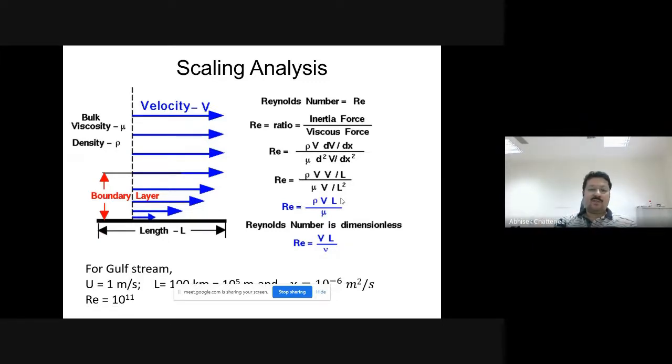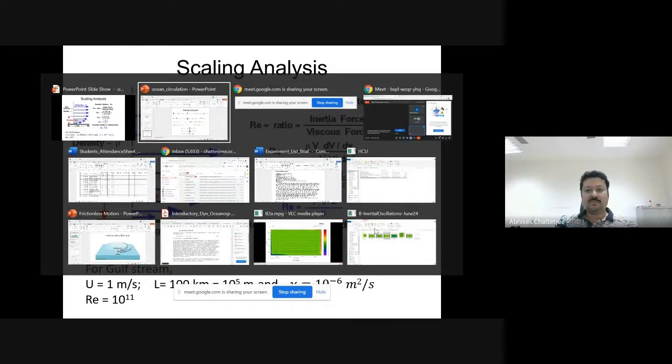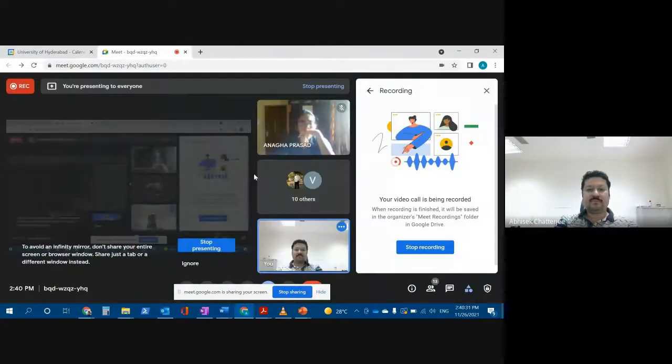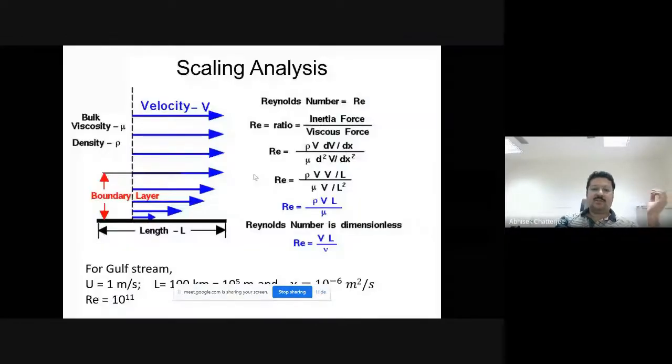One such term we found is the Reynolds number, which provides an idea of whether the flow will be turbulent or linear. That means whether the nonlinear terms in terms of advections are important or not.